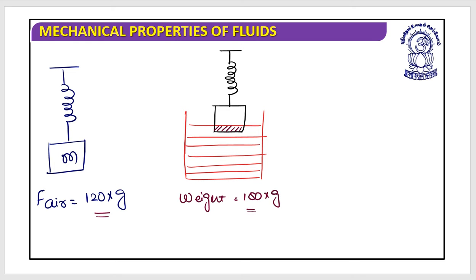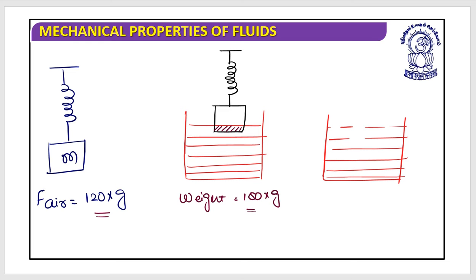Now what I have done is that again I have submerged it like this. Let's see what happens. In one situation I have submerged it something like this, and in another situation I have submerged it like this.